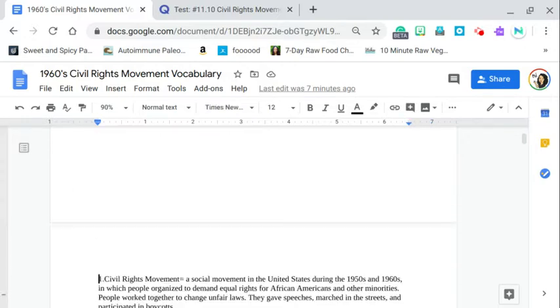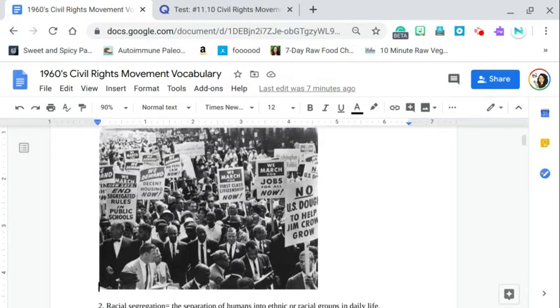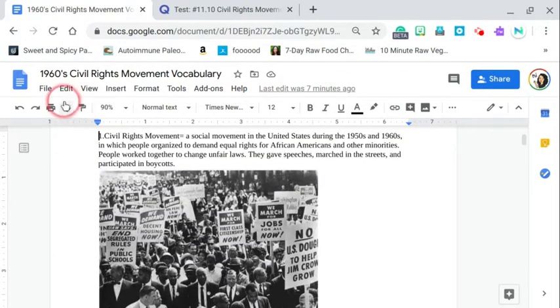Okay, so now let's talk about the first term. Well, let's define the civil rights movement. So the civil rights movement is a social movement in the United States during the 1950s and 60s in which people organized to demand equal rights for African Americans and other minorities. People worked together to change unfair laws.